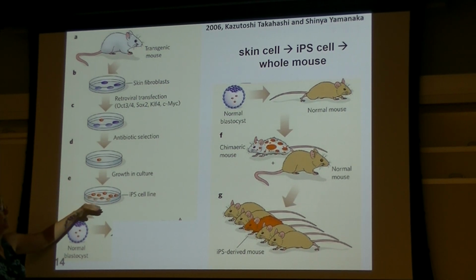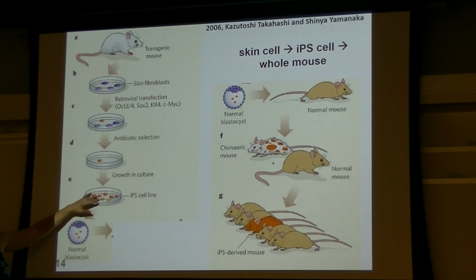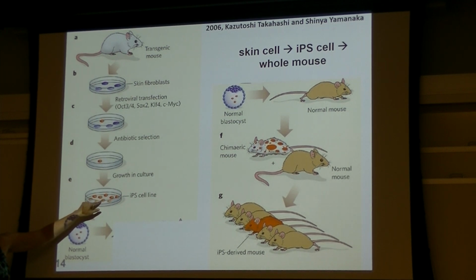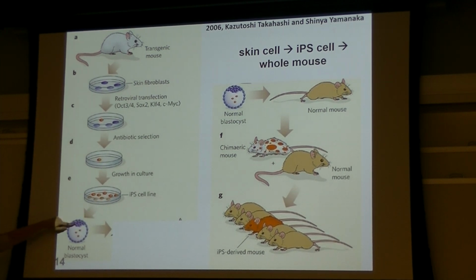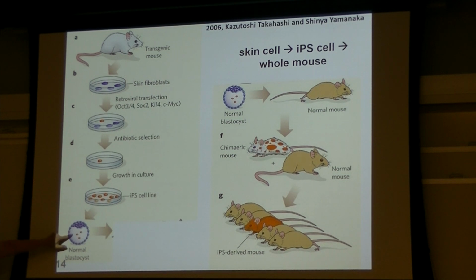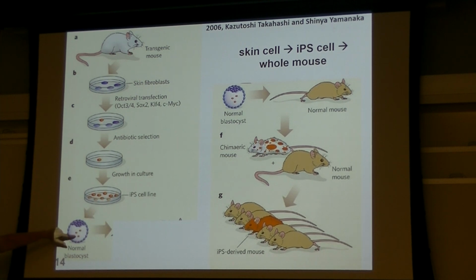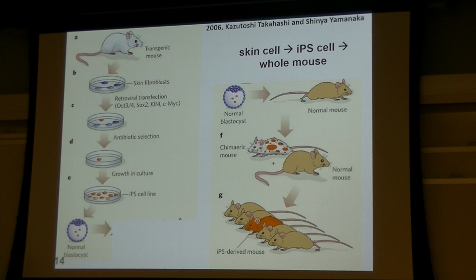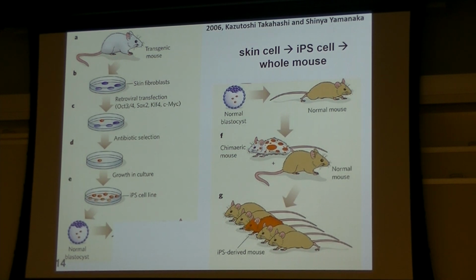There's some selection and establishment of these cell lines and induced pluripotent stem cells. Then we're going to color code these orange to keep track of them. You would introduce these into the blastocele cavity of a mouse blastocyst. So this is a host embryo here. And these introduced cells are going to come over and integrate into the inner cell mass and just become a part of that and contribute to that.